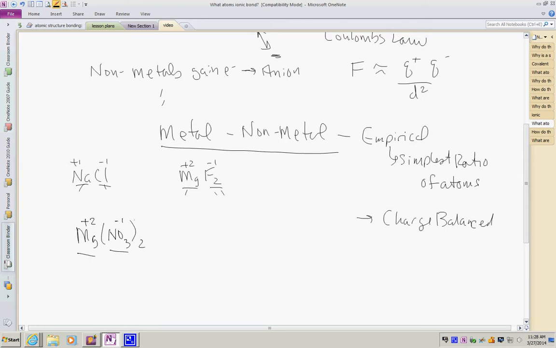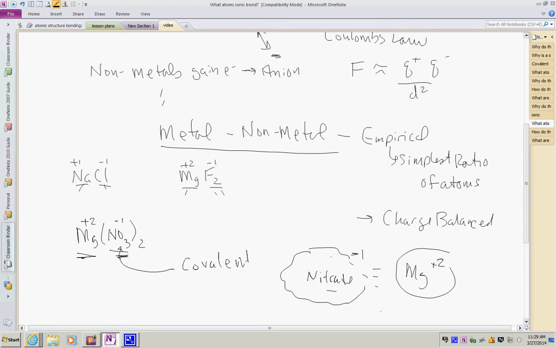You should note that nitrate itself is covalent. It is a molecule that happens to have a negative charge, and that attracts to a positive magnesium ion.